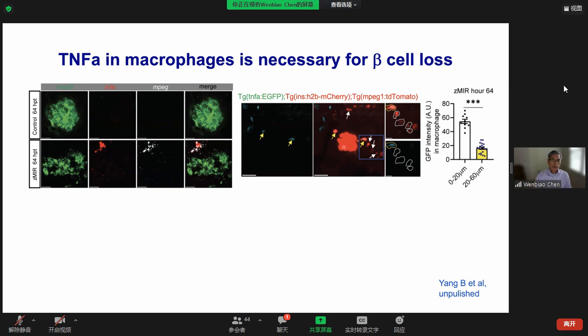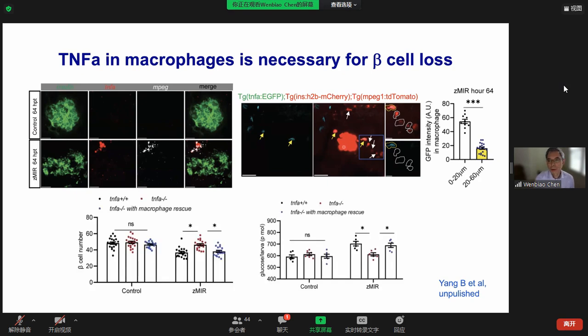And if we knock out TNF-alpha, then we can rescue the beta cell death and prevent the increase of glucose.